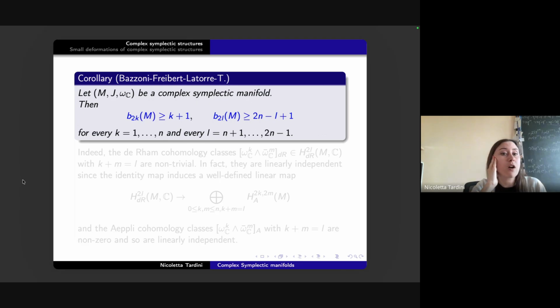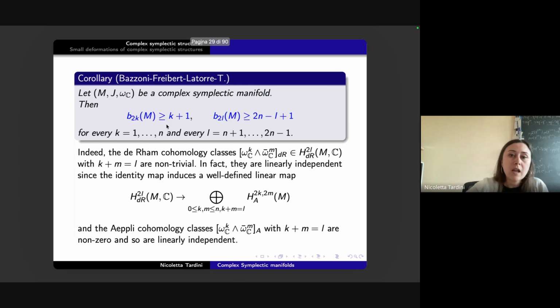Because if you have a compact complex symplectic manifold, let's say, I mean, this is just a dual, so just take k from 1 to n. If you take the Betti number of degree 2k, this is greater or equal to k plus 1. And this follows from the previous results, okay?